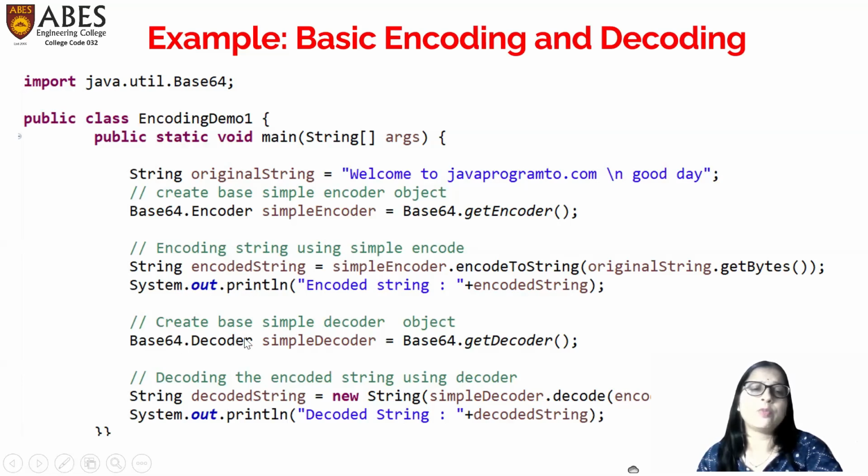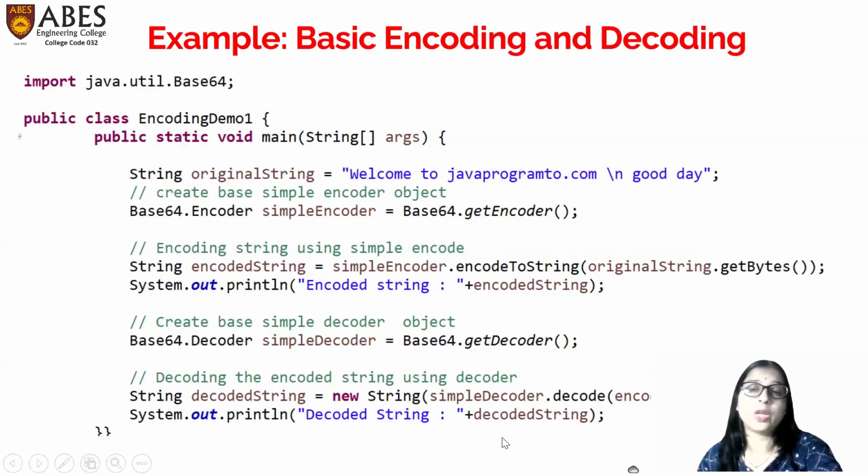And in this part, you may see that we use the getDecoder method to decode the original message, and with the help of the decode method, you may retrieve the decoded string.